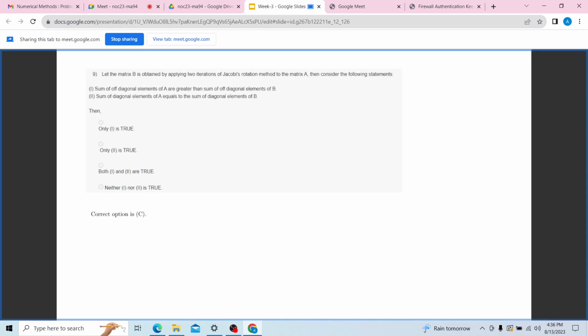So here both the statements are true. Even the sum of diagonal elements of A is greater than the sum of diagonal elements of B.